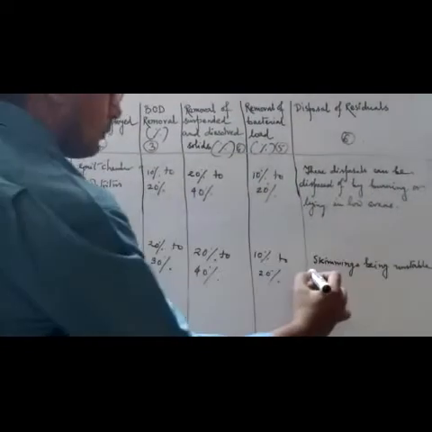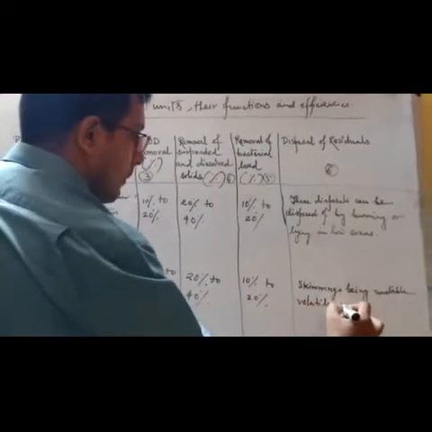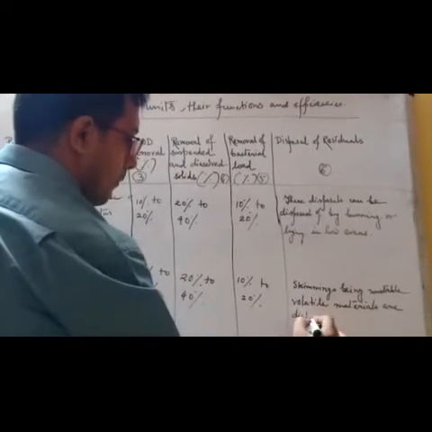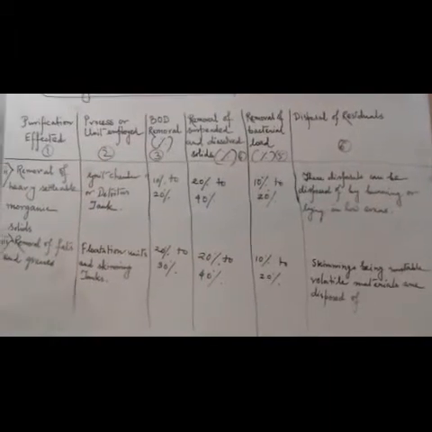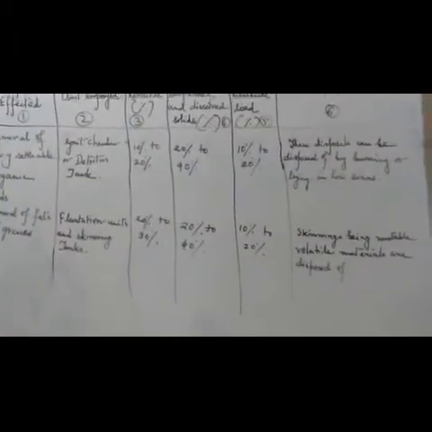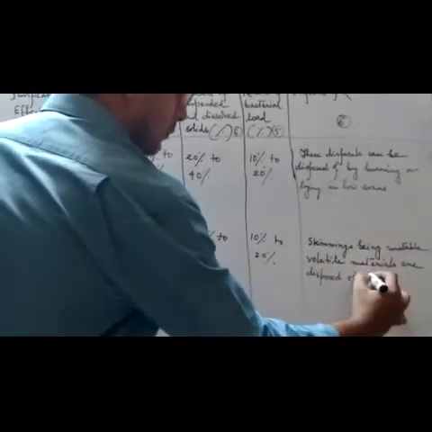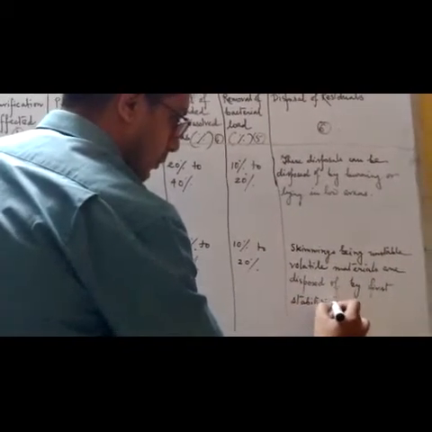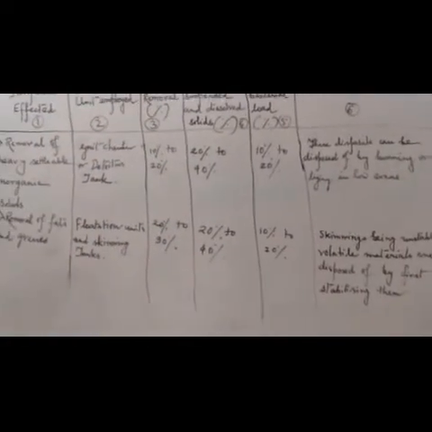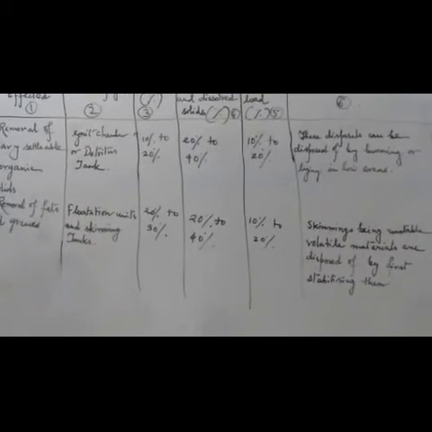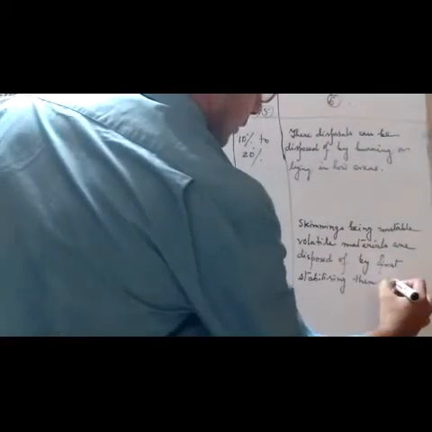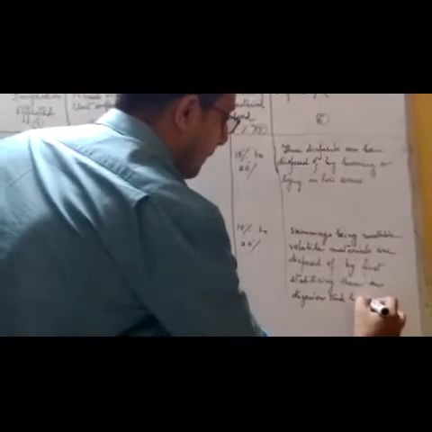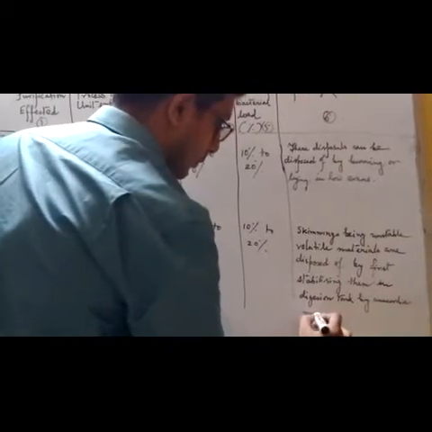Volatile materials are disposed of by first stabilizing them, and then in digestion tank by anaerobic process.